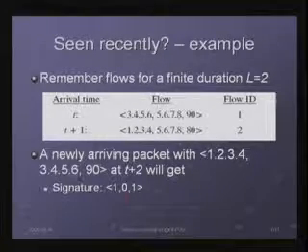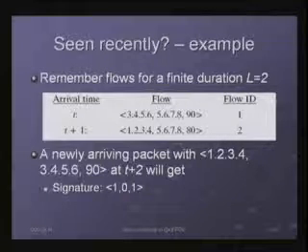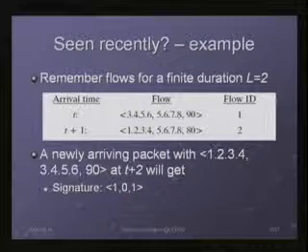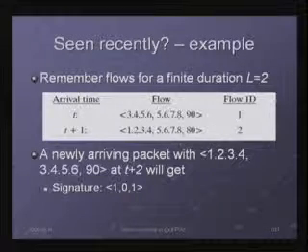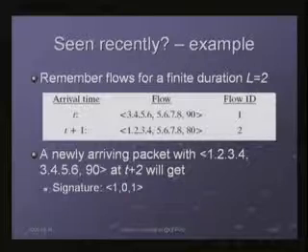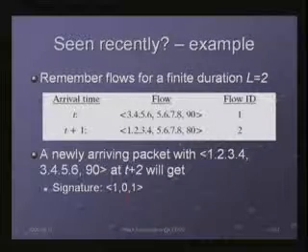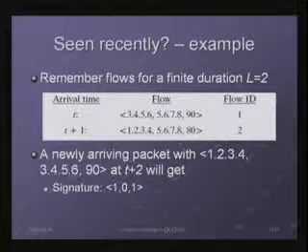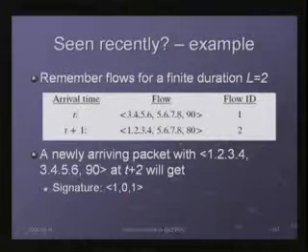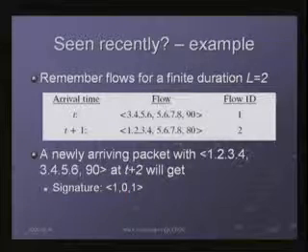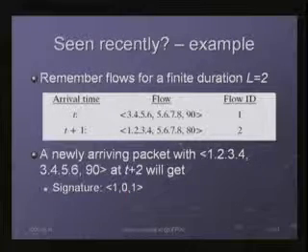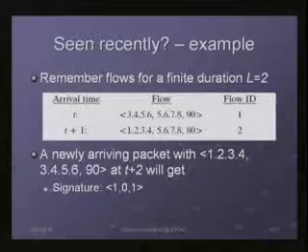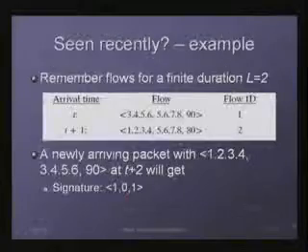What signature do you give to the third packet? You give 101, because you saw 1234 in the SIP position before. Suppose your memory spans 2 time units, so you remember flows 1 and 2. But 3456 in the DIP position, you don't remember seeing in the previous 2 flows. 90, you saw it. So it gets 101, and that's the signature for this packet.